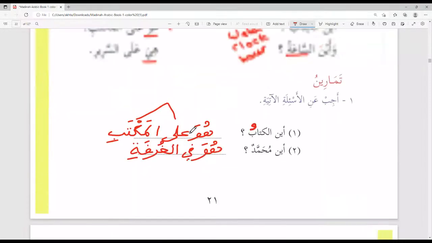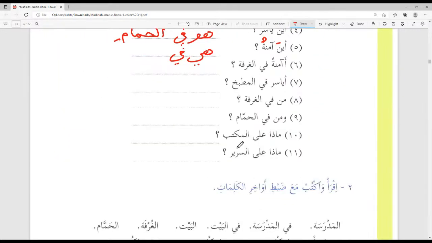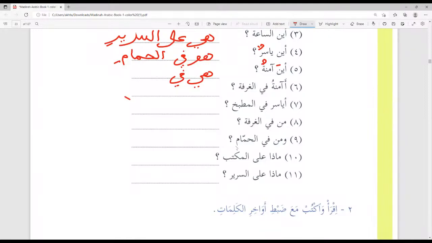I don't think that's right. أين آمنة؟ هي في المطبخ. نعم, ما معنى مطبخ؟ Kitchen. She is in the kitchen. نعم, أين آمنة؟ هي في المطبخ.